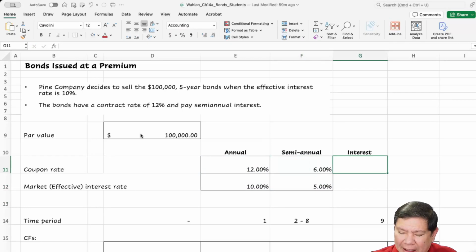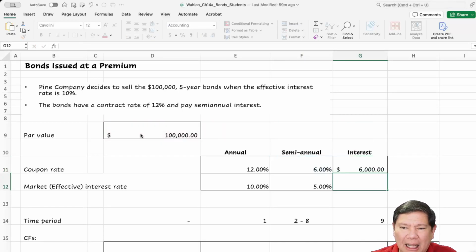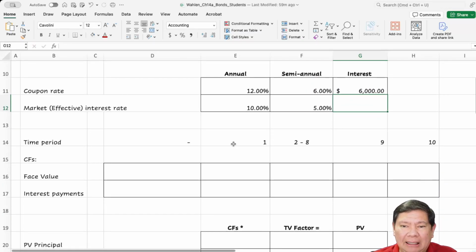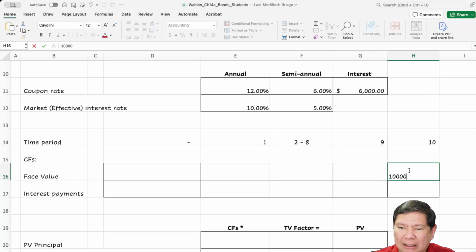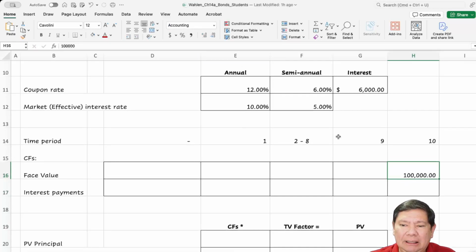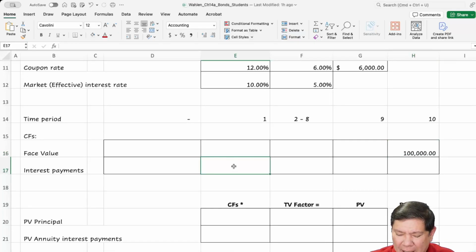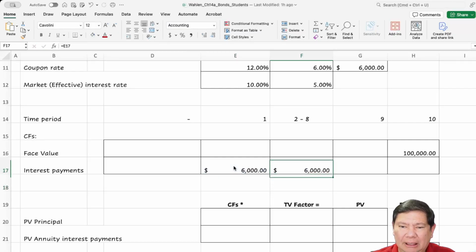So the interest payment is going to be 6% times 100,000 or $6,000 for 10 6-month periods. Okay, the cash flows at the end of the term is going to be $100,000 paid to the bondholders, and then every 6 months, $6,000 paid to the bondholders.